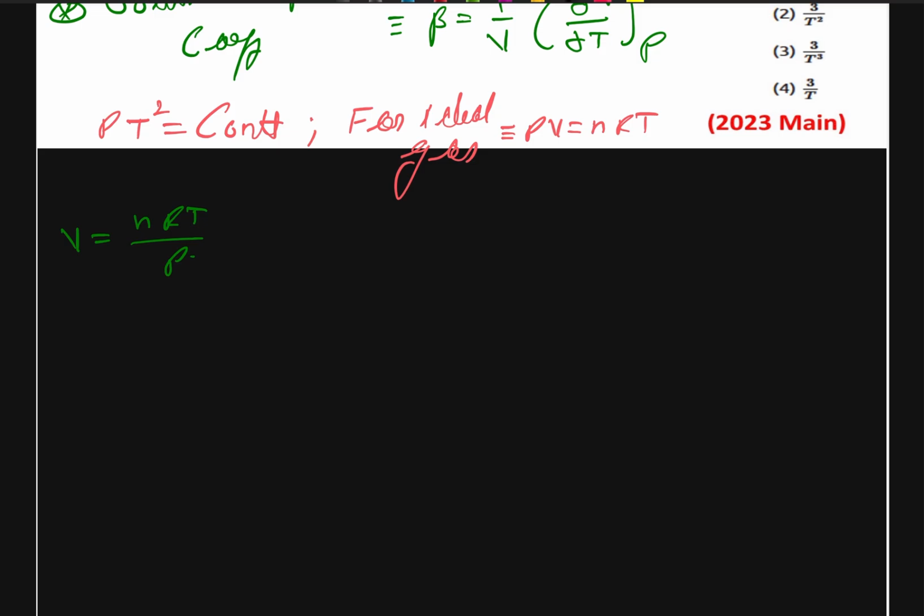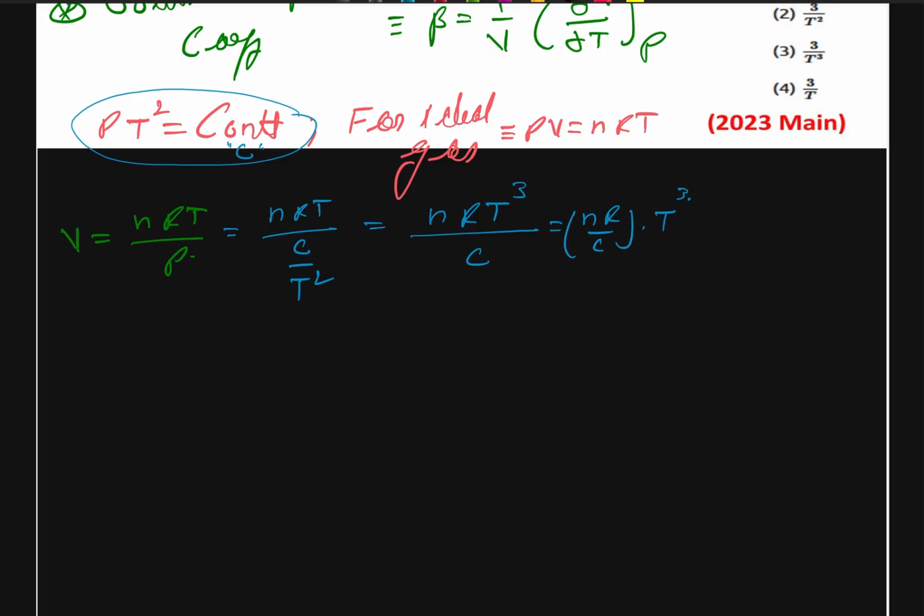and so we can use this given equation, and let us assume the constant is represented as C. Therefore, P will be equal to C upon T square, which gives us V equal to nR T cube upon C, which can be written as nR upon C times T cube.